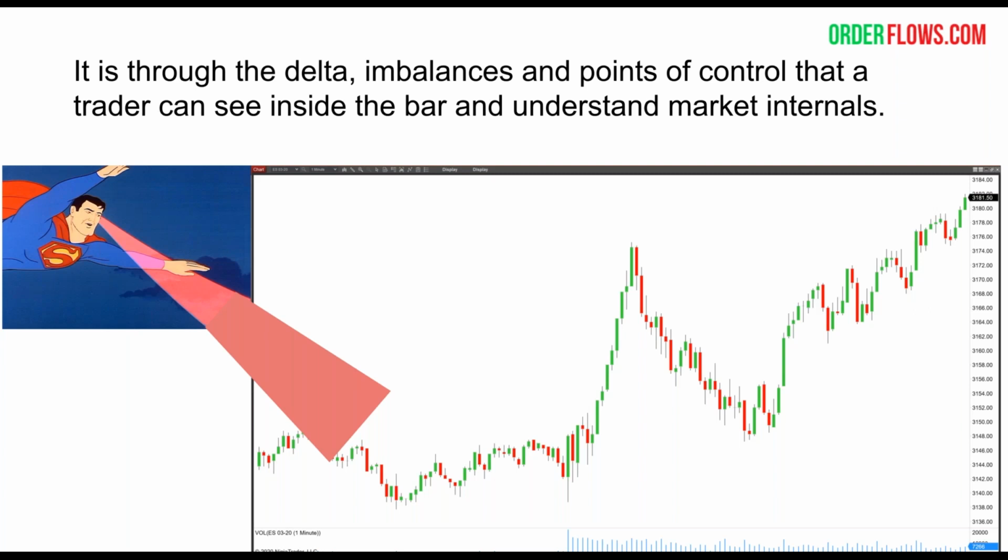Now, it's through the delta, the imbalances, and point of control that a trader can see inside the bar and understand the market internals. Most traders think they're looking at a candlestick chart and reading the order flow because a red candle represents a bar that opened high and closed lower. A green candle represents the opposite, a bar that opened low and closed higher.